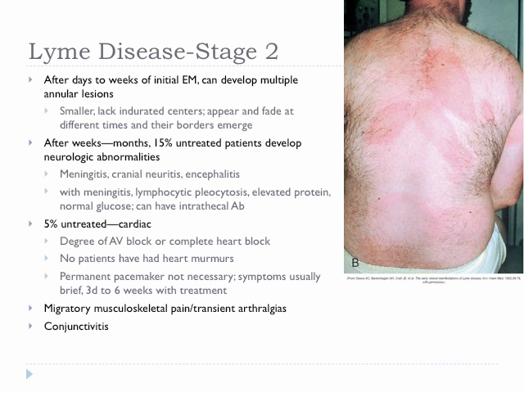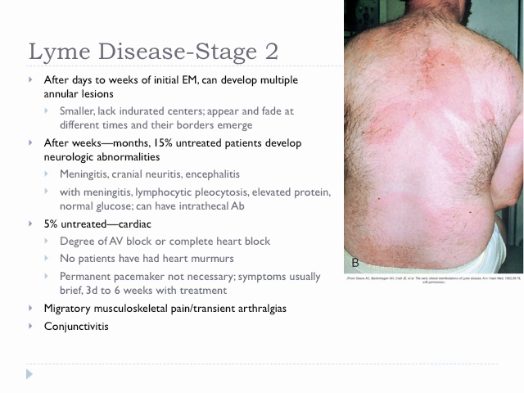After weeks to months, 15% of untreated patients develop neurological abnormalities and meningitis. The most common one that I saw reported was a cranial nerve 7 palsy. With the meningitis, you have a lymphocytic pleocytosis, and you could get positive intrathecal antibodies. And in 5% of untreated patients, you get cardiac manifestations.